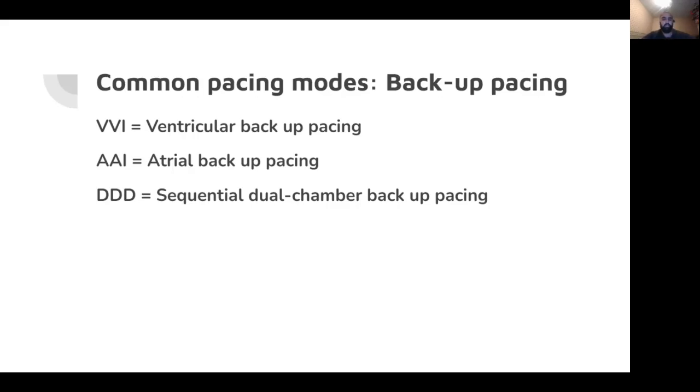So when we say VVI is ventricular backup pacing, what that specifically means is we're asking the pacing box to track the QRS complexes, to track the ventricular depolarizations and ensure that the ventricles are depolarized at a minimum rate.